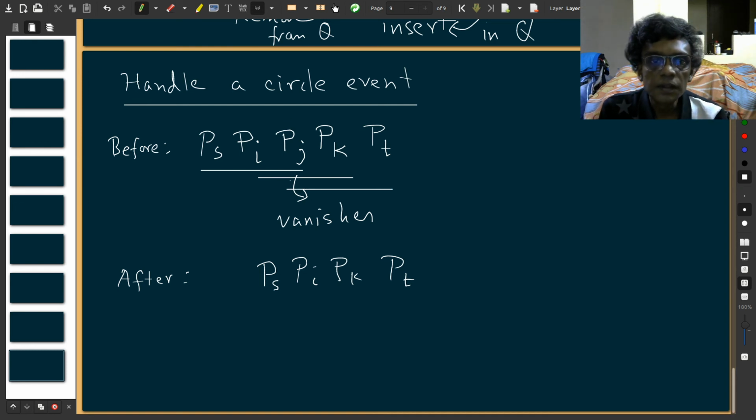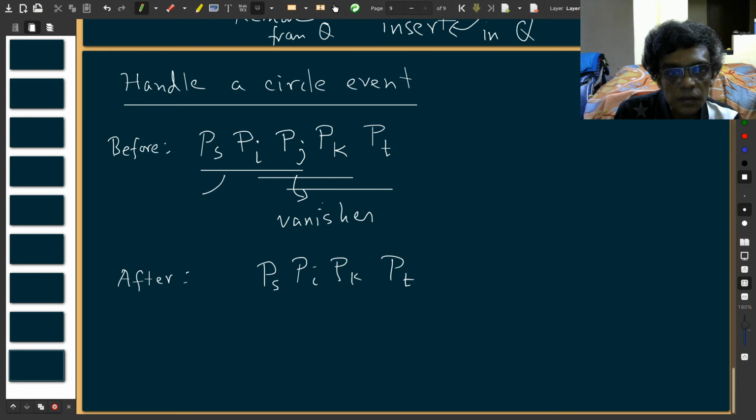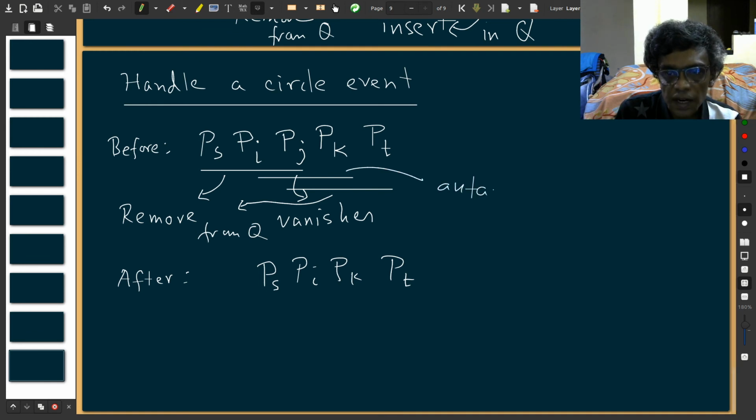Now since this event is handled, the circle event corresponding to Pi, Pj, Pk will anyway be removed, because after you handle an event, you simply remove it from the queue. But you have to consider this Ps, Pi, Pj. So this and this, remove from queue, and this is anyway automatically removed by the event handler.